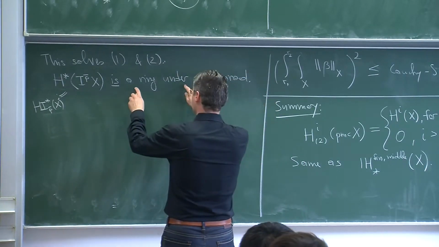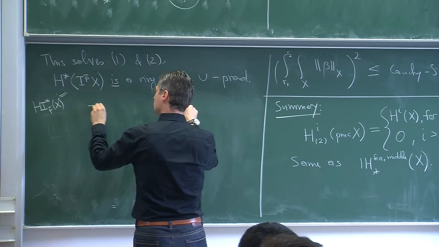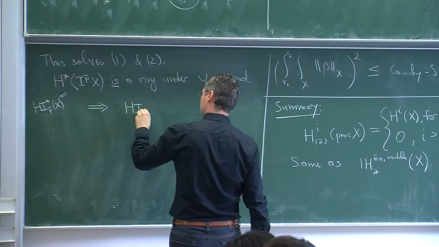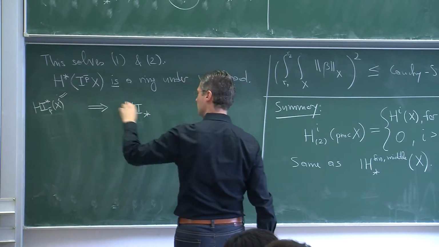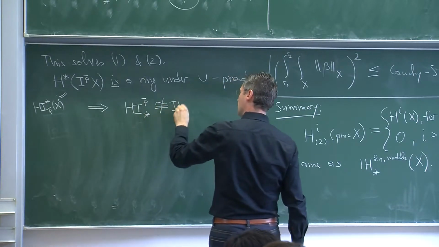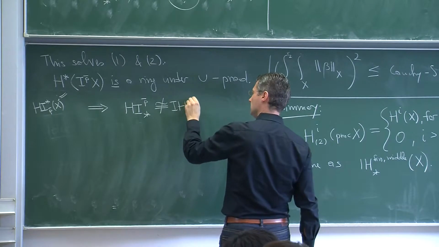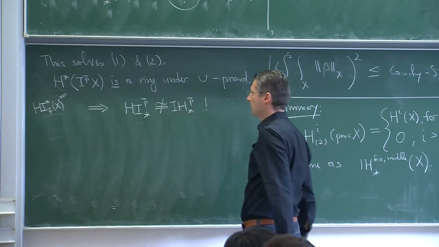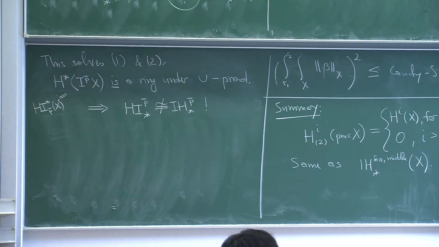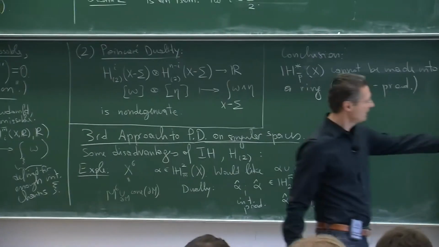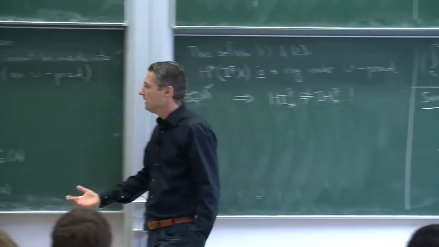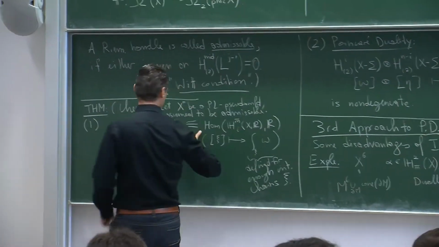Right? But since we know this, we can of course immediately deduce from this that HI, this theory, I could do this with homology also of course, is not isomorphic to IH in general. Because we've just observed intersection homology, IH cannot be made into a ring, but this one can, and therefore it follows that they are not isomorphic, contrary to these two theories, which are dual to each other, right?